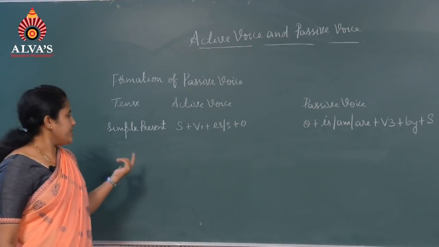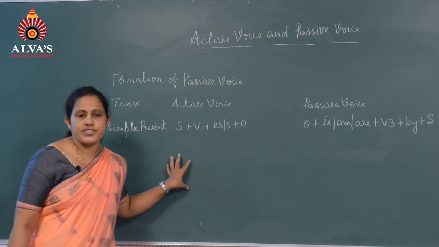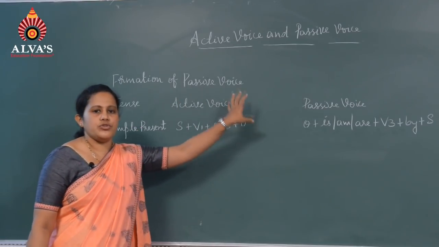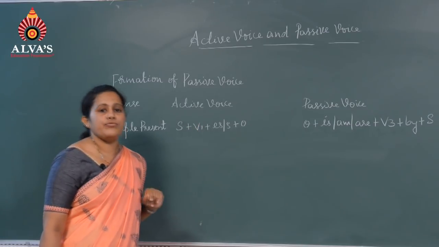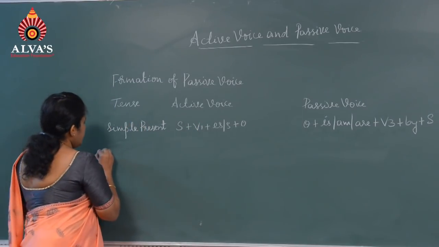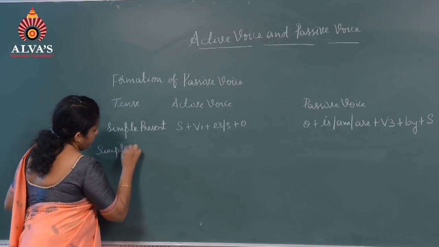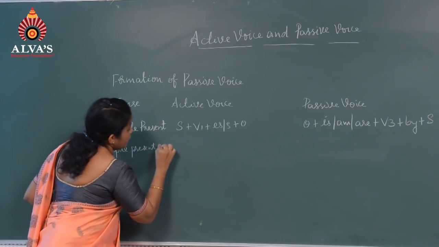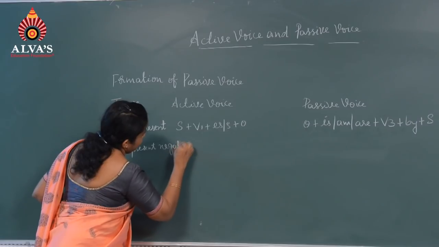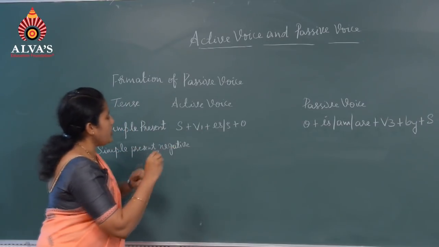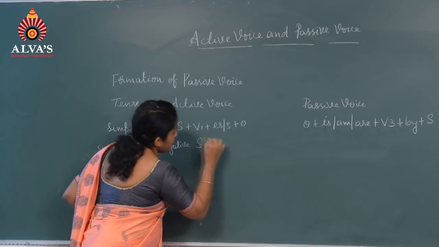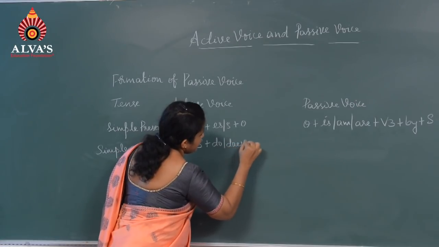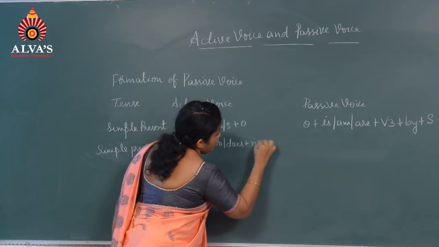Now, let us see the simple present negative sentence. What changes occur when we change from active to passive? Before that, let us see the formula. Simple present negative sentence: the formula is subject plus do or does plus not.